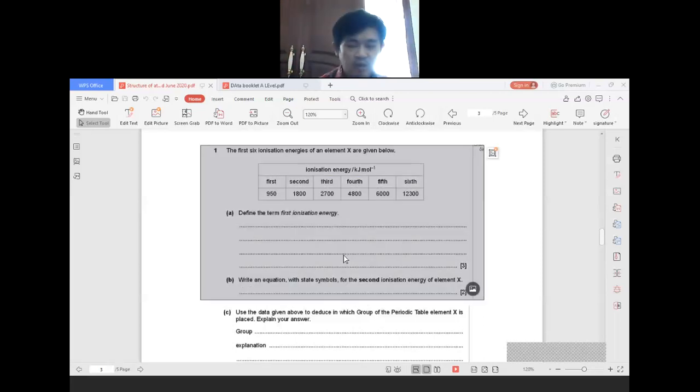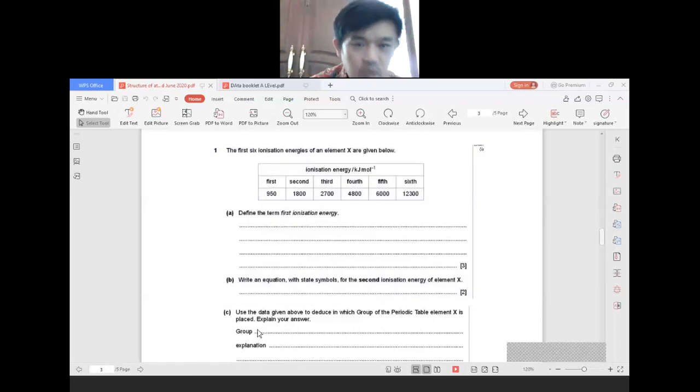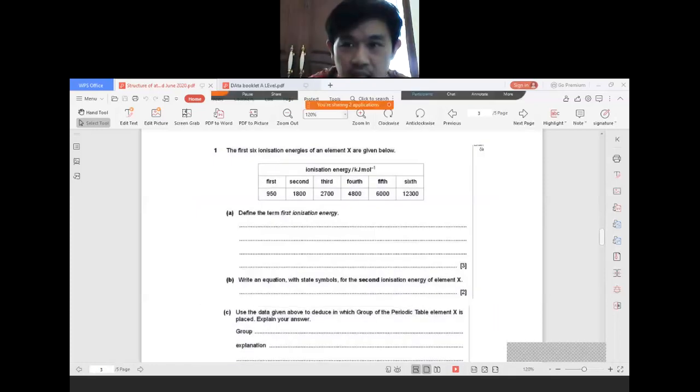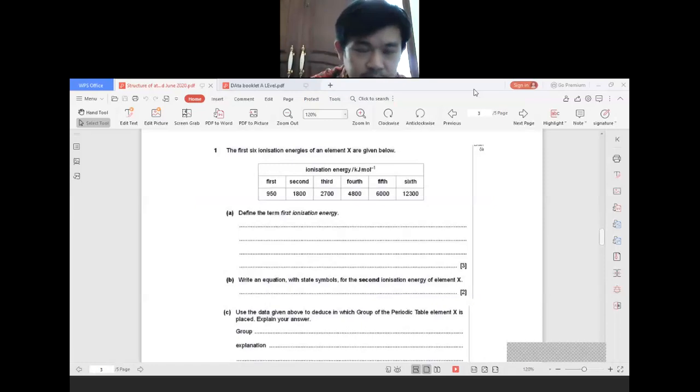We have to find the difference of each log. If the highest difference, it is the jump to the inner shell, which shows the outermost shell. So from here we can see the outermost shell has 5 electrons. So it's group 5.